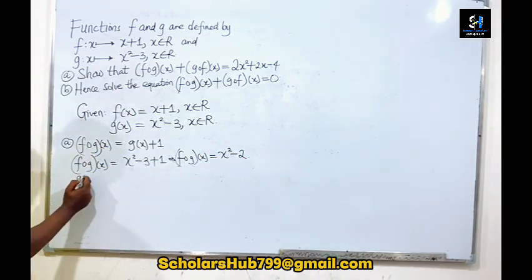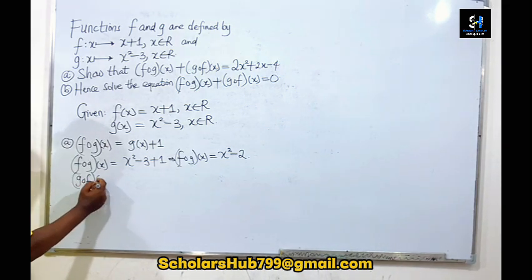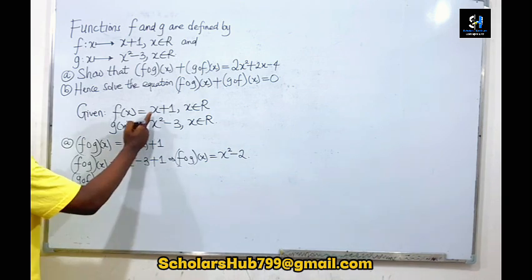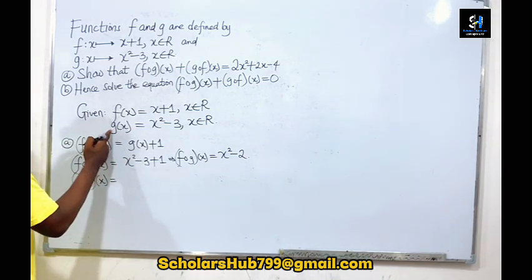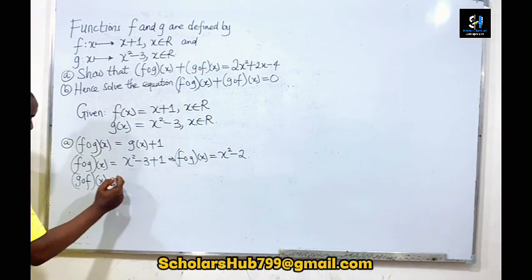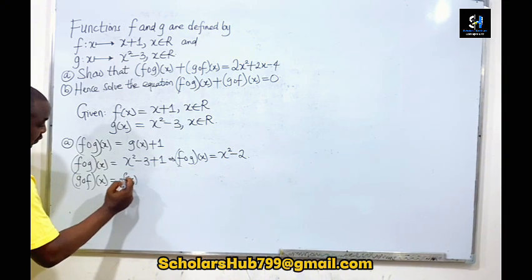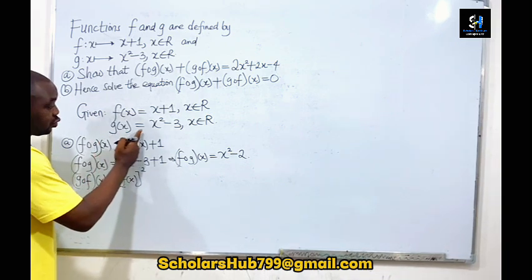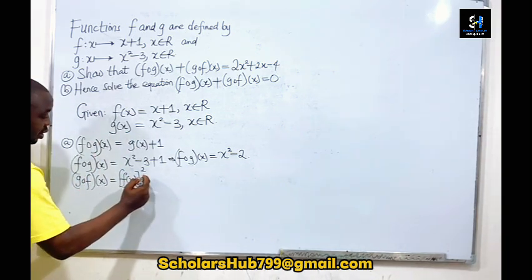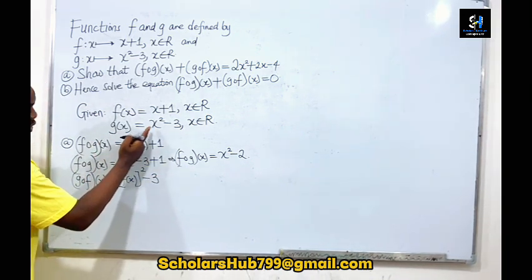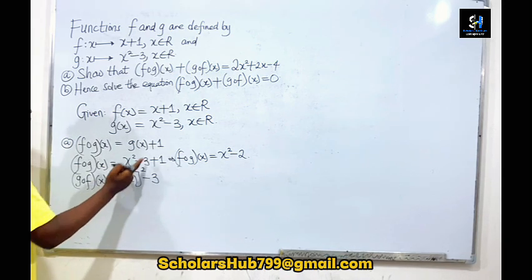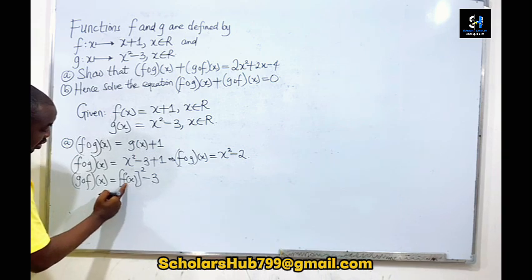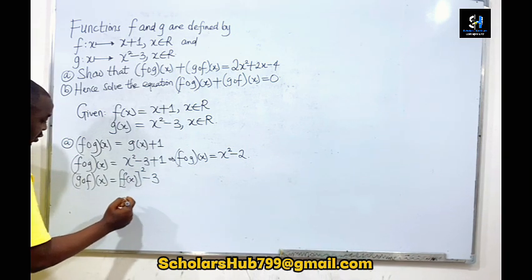Then for the composite function gf of x, this is when we put f of x into g of x. We substitute f of x for x in g of x, so this will be f of x raised to the power of 2, minus 3.